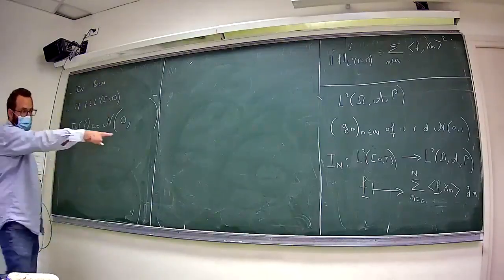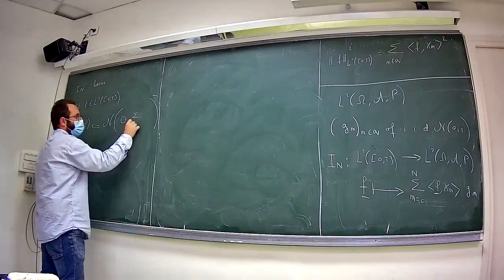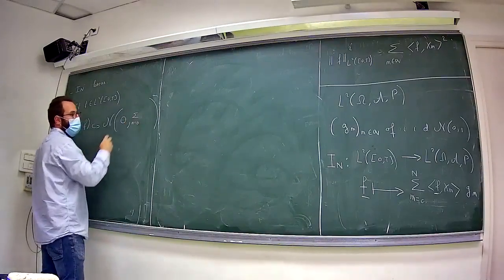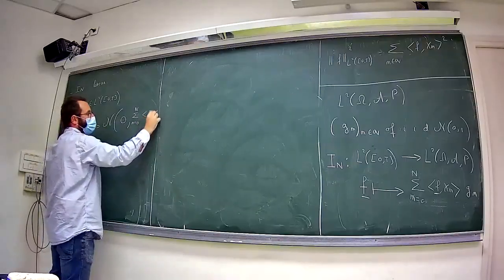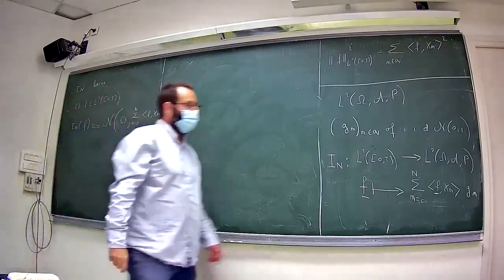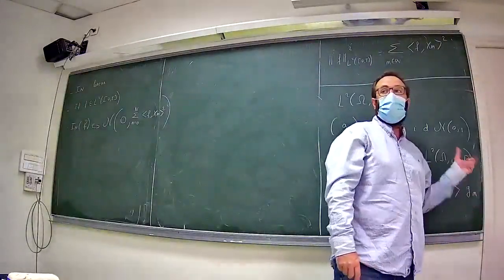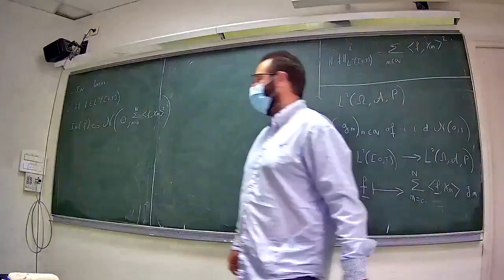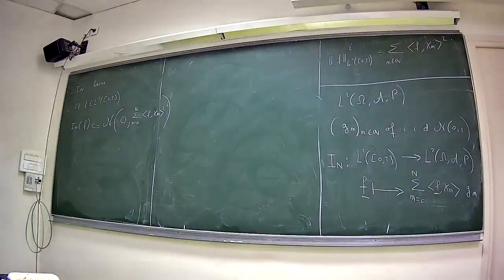So the variance of this linear combination is just the sum for n equal to 0 to capital N of the square of the coefficients, because the variance of Gn is 1 and the covariances are 0. So I have this.